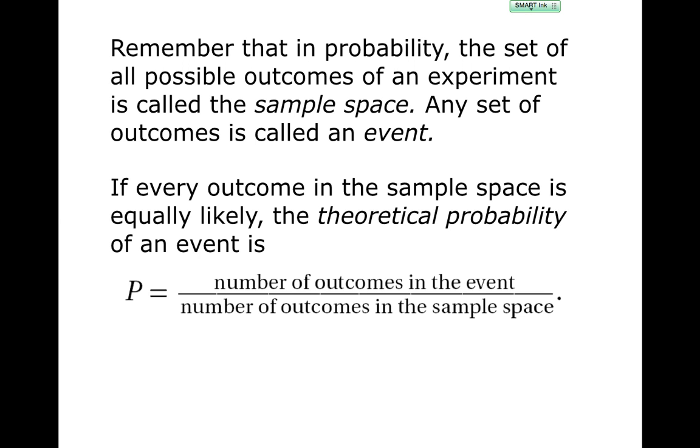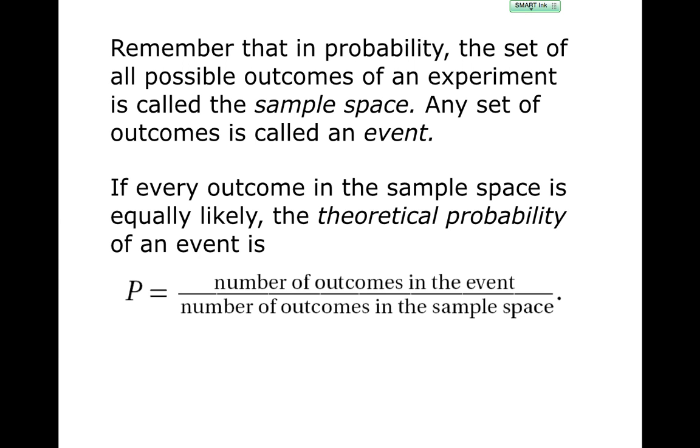Now, if you're looking at geometric probability, you're not able to make a complete list. Like if we're looking for all the points on a number line that fit a certain category, there are an infinite number of points on a number line. So you really can't list out what's called the sample space.